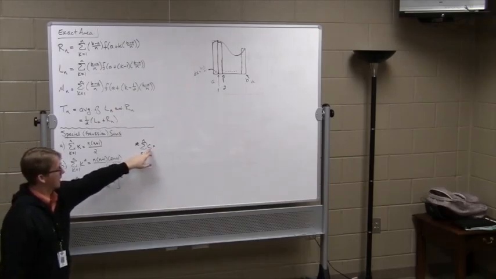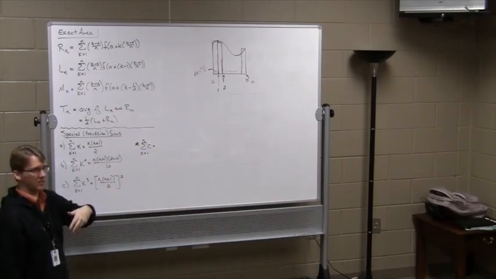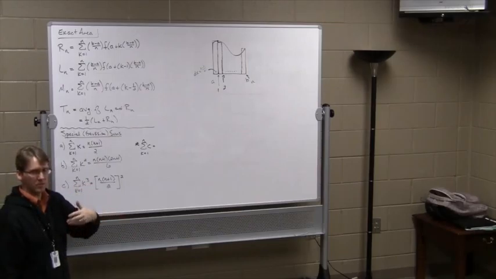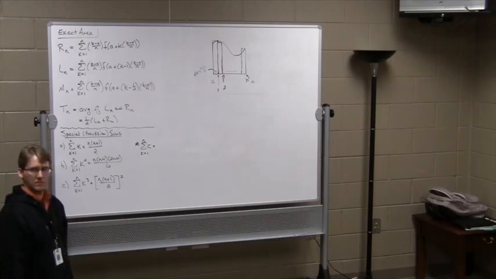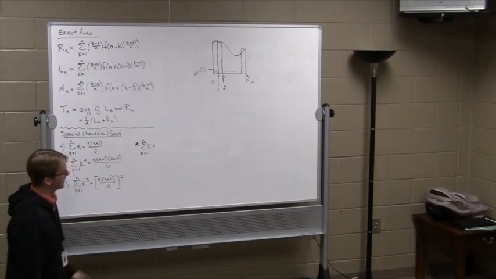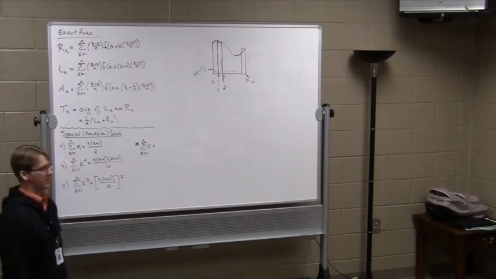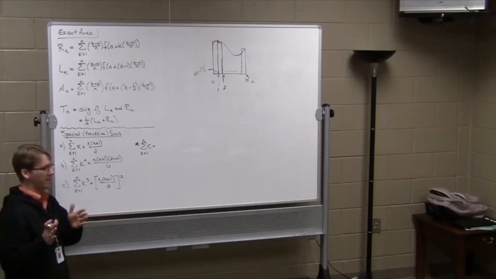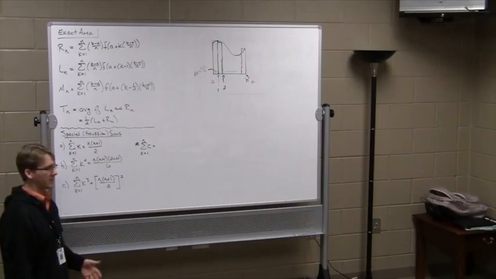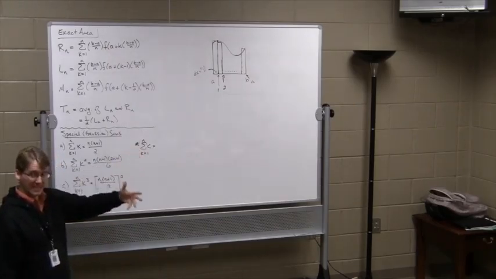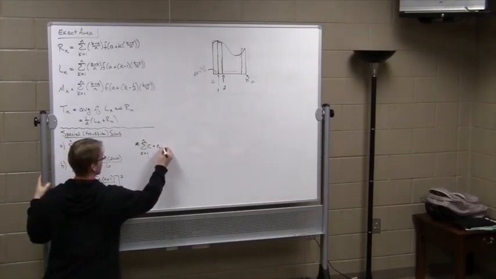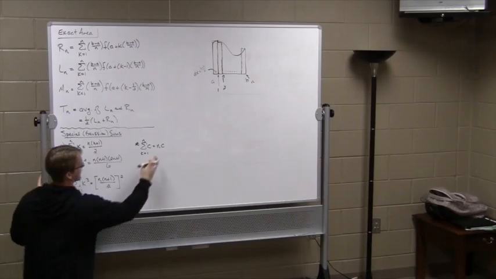If I stick in 1, I'm just going to get C. If I stick in 2, I'm just going to get C. If I plug in 3, I'm just going to get C. How many times am I going to get C? Not infinite, you need to stop a lot sooner than that. Say n. You go from 1 to n, so you're going to get n C's, or Cn.